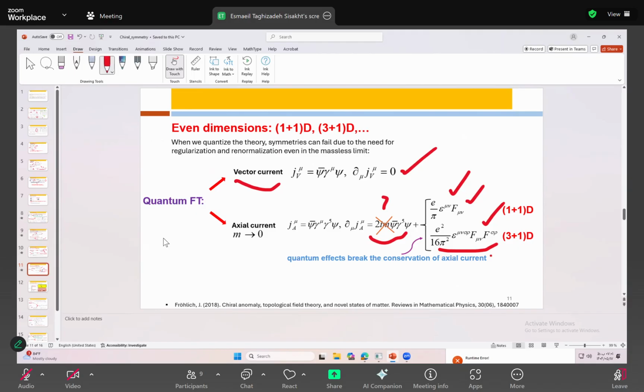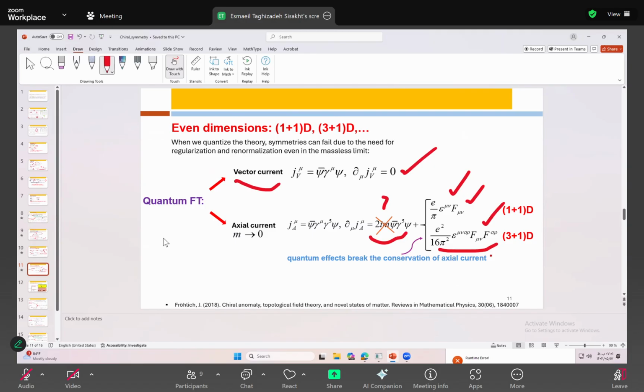This is not a usual thing. People usually call these terms the source of a kind of anomaly. So here the summary of the concept is this.